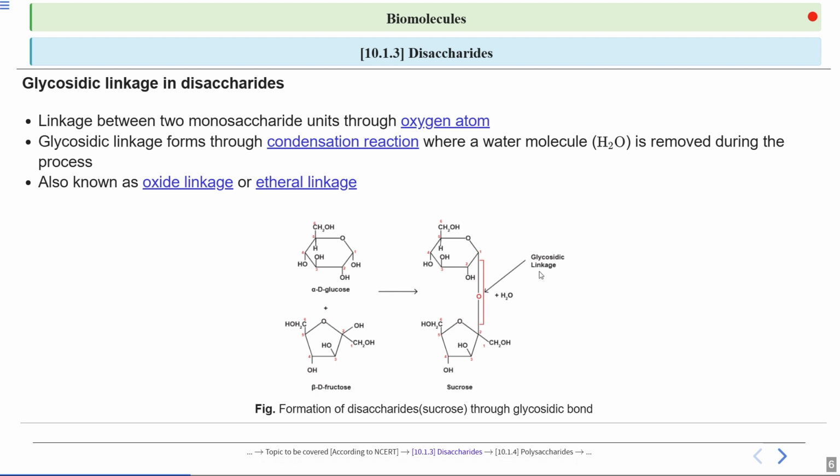You can see this links two monosaccharides, alpha D glucose and beta D fructose, through this oxygen atom marked in red. So this forms sucrose through the glycosidic linkage.